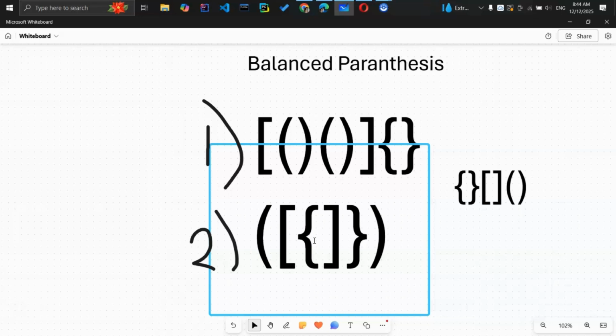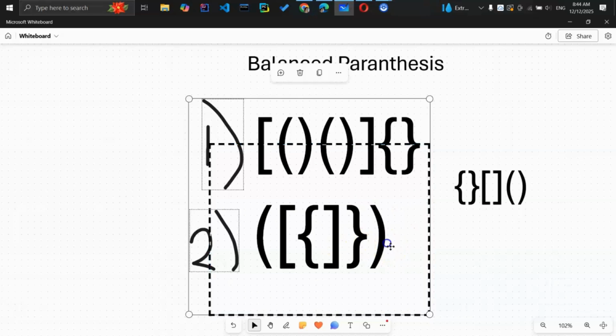Firstly, we meet a closing bracket instead of a closing brace. This is the closing bracket, this is a brace. Firstly, we meet a closing bracket instead of a closing brace. Therefore, this is not balanced.